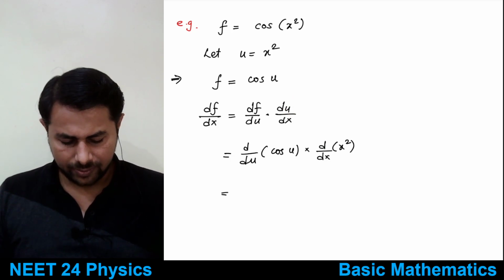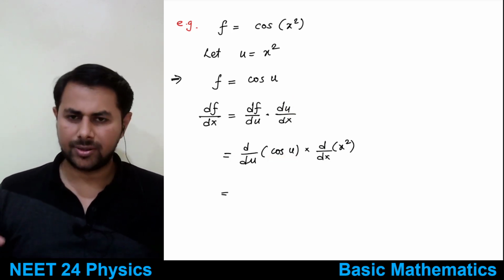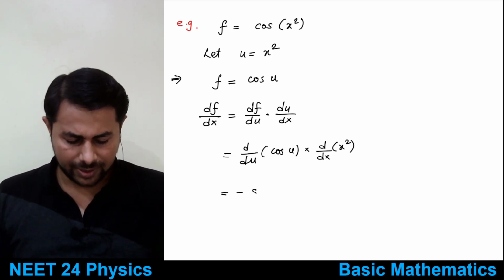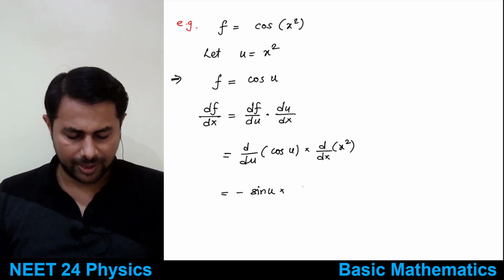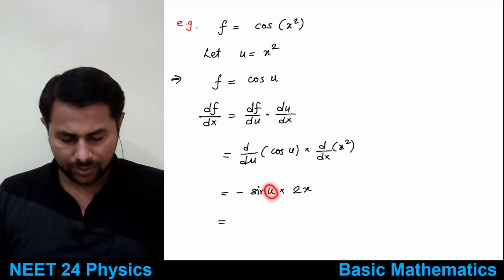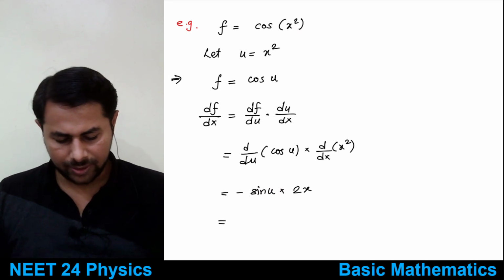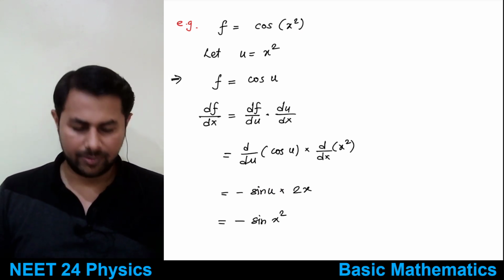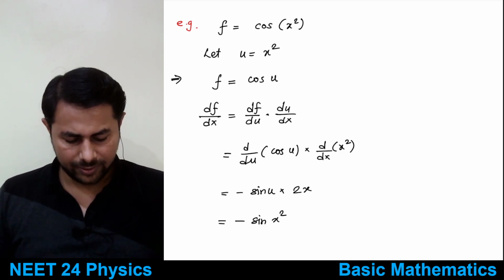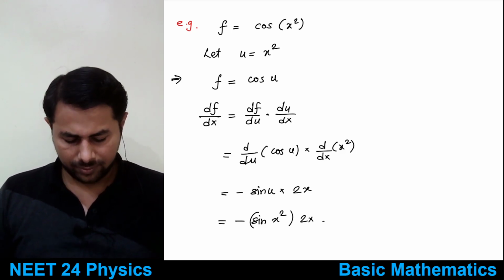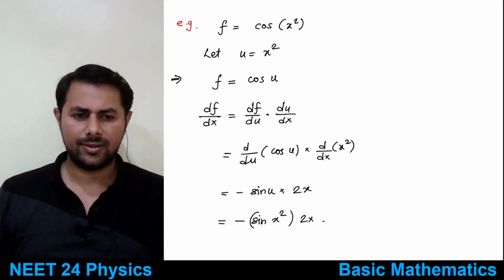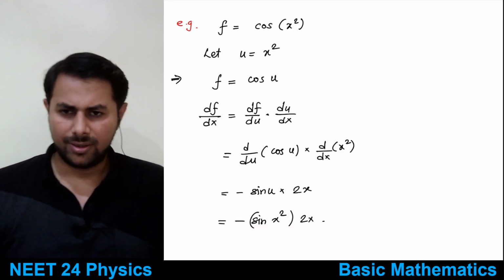Cos u's derivative is minus sine u. Derivative of cos is minus sine. So minus sine u multiplied by derivative of x square, which is 2x. And u is equal to x square. So just put that: minus sine x square multiplied by 2x. Okay. So this is the answer. This is how we apply the chain rule. This is clear, everyone? Okay, very good.